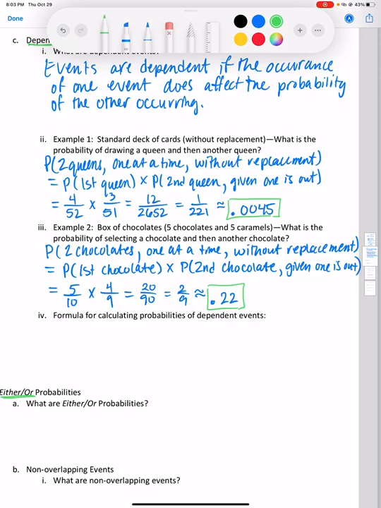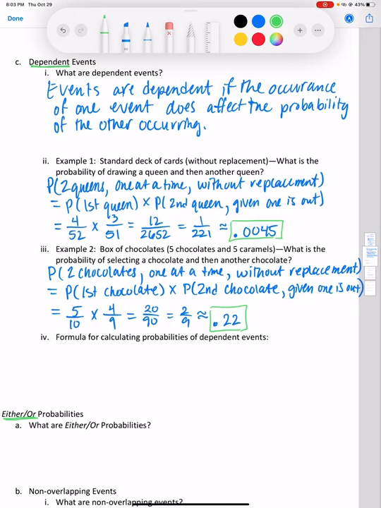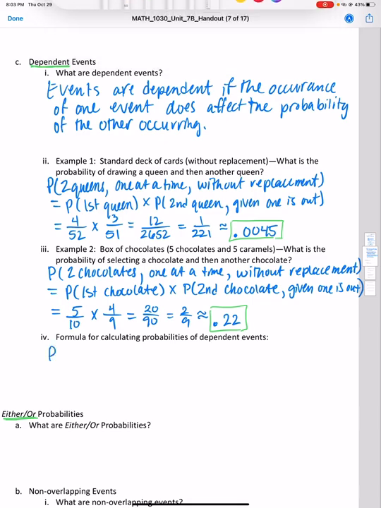So thus, the formula for the probability of dependent events occurring, the AND probabilities: the probability of A and B occurring when they are dependent on each other is the probability of A times the probability of B given A, is how you say it. Okay.